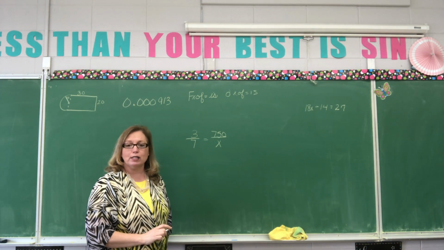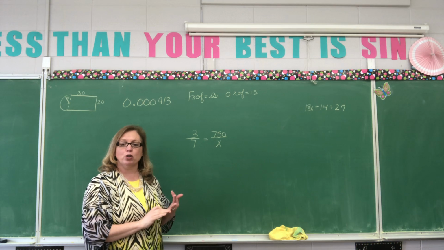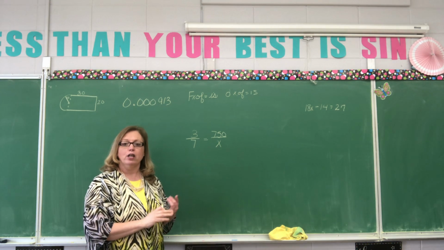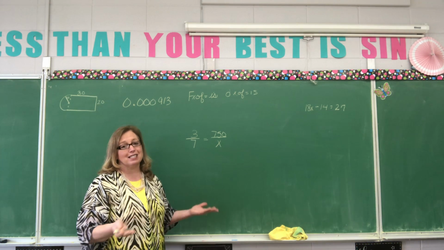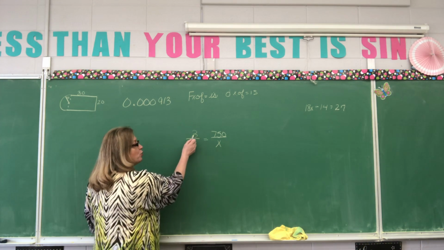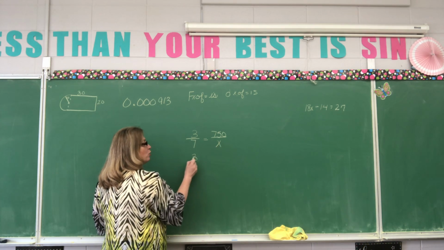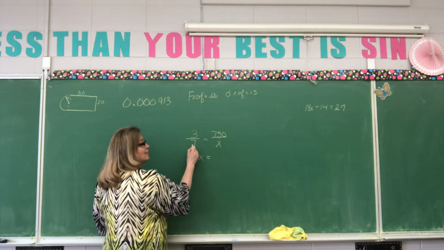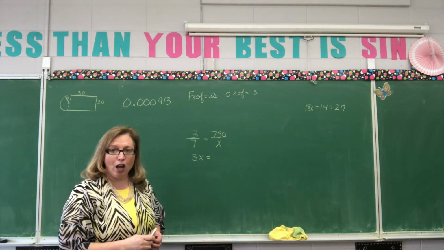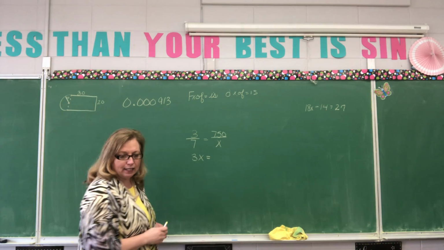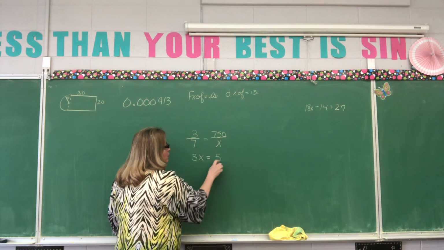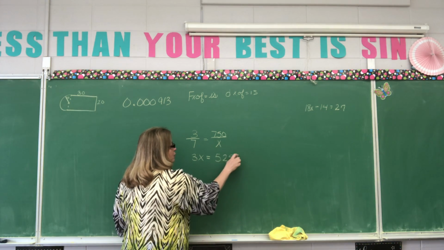Now, let's cross multiply. When you have two ratios that are proportional, the way you solve a proportion problem is to simply cross multiply. So 3 times X is 3X. 7 times 750 is 5,250.